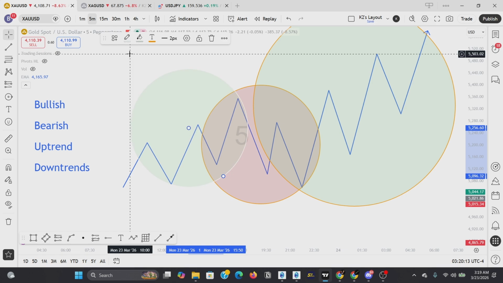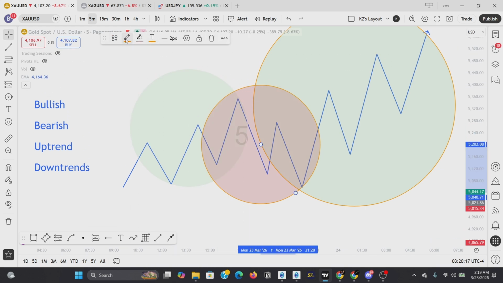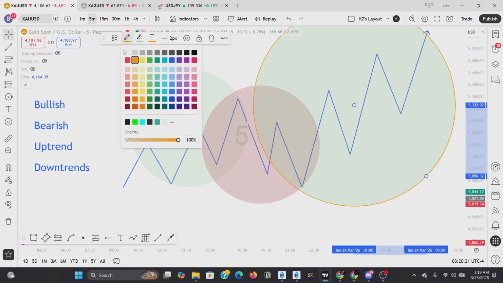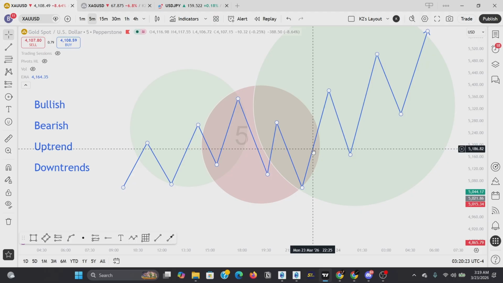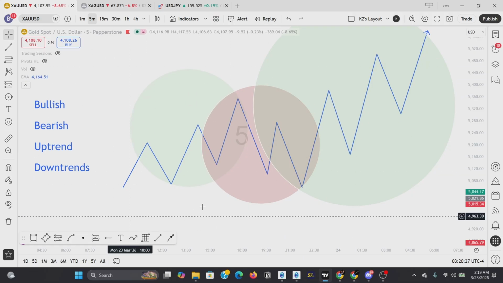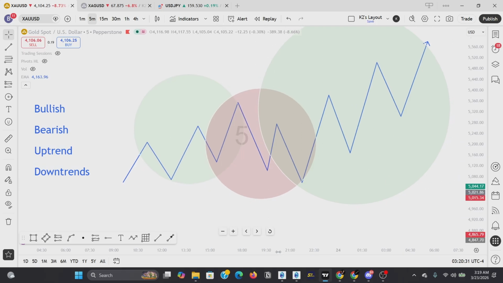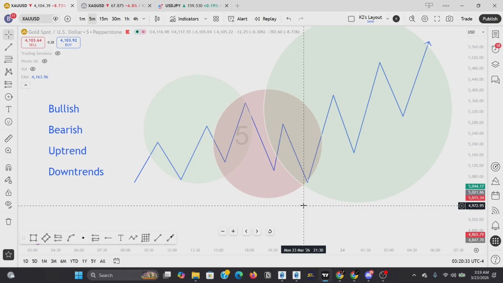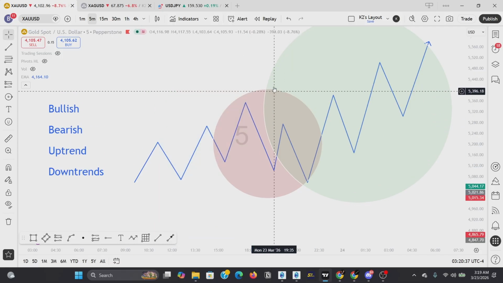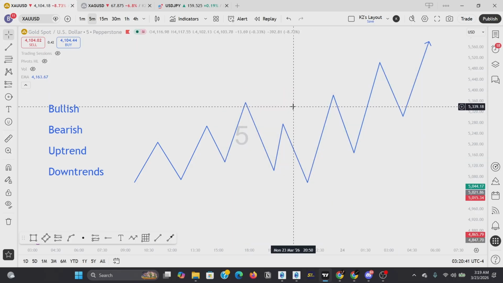Can I make this opaque? Not opaque, but visible. All right. So the uptrends are circled in green. The downtrends are circled in red. But overall, if you can tell, it is overall a bullish market. Now, you might be like, okay, so if it has a downtrend, how can it be an overall bullish market?